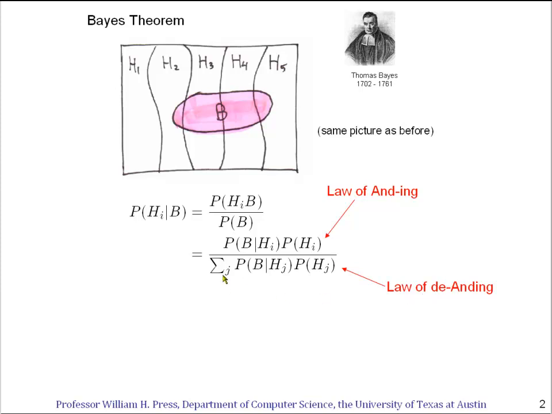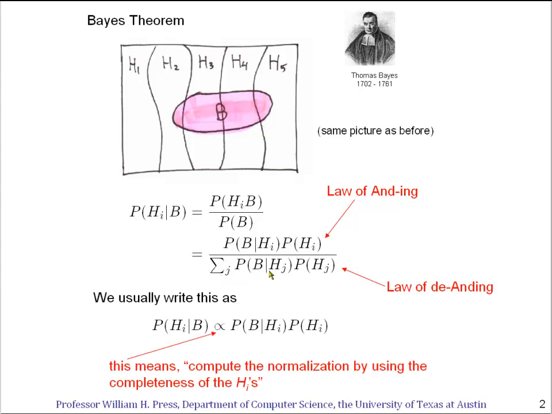So that's the sum over j of the probability of B given Hj times the probability of Hj. You might want to stop the video and see that you understand how by using anding and de-anding I can get the original desired expression into this form.